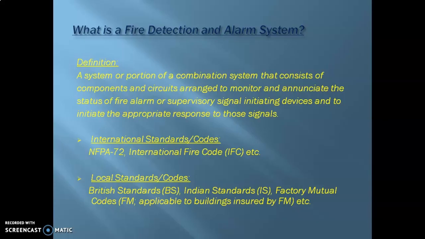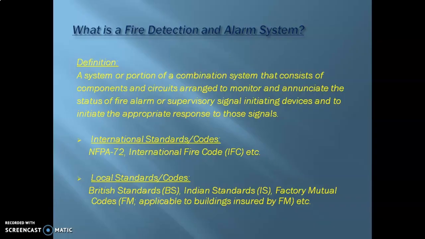For the local standards and codes, these are standards and codes that are followed locally in either the district or the country or the area where they have been developed. At times they are required to be followed by the AHJ, that is the authority having jurisdiction, in place of the international standards and codes.